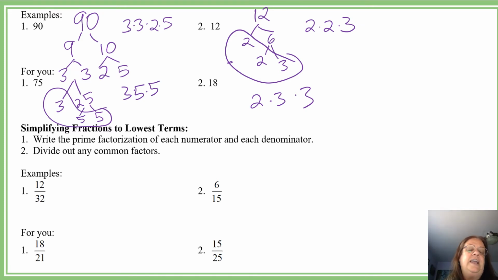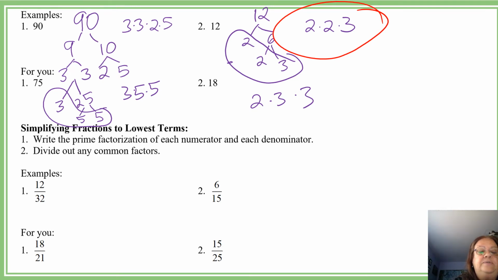Okay, simplifying fractions to lowest terms. Write the prime factorization of each numerator and each denominator, and divide out common factors. Okay, so we're going to do a prime factorization of 12. You can see we already did that up here.